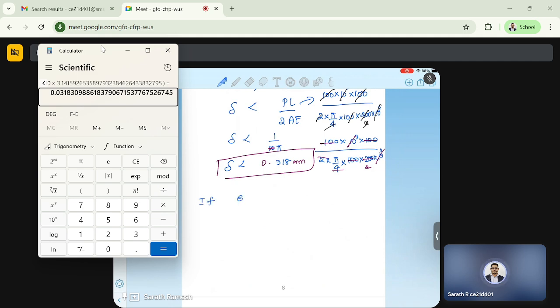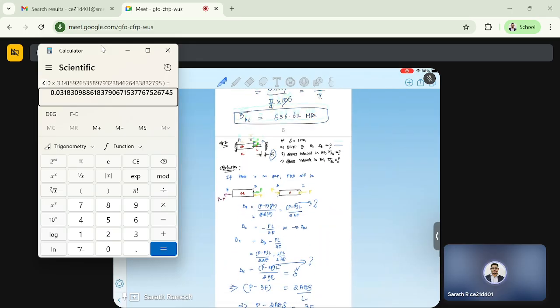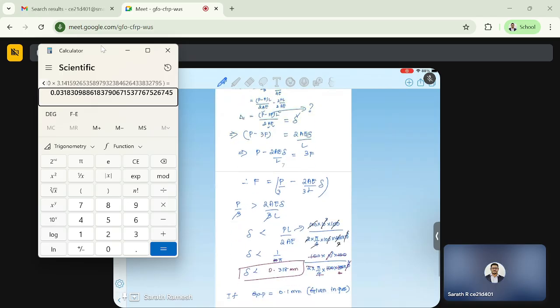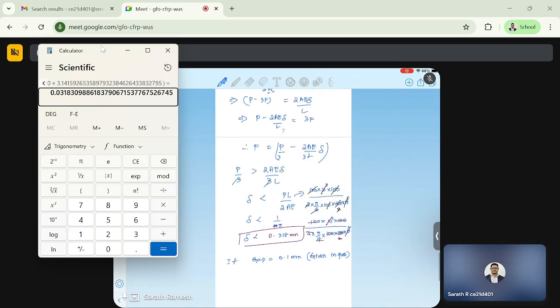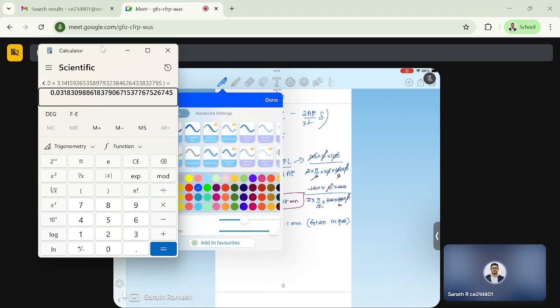If the gap is equal to 0.1 mm given in the question, what will we do? Instead of this, if 0.1 mm is given, then we'll substitute 0.1 and it's possible, right?